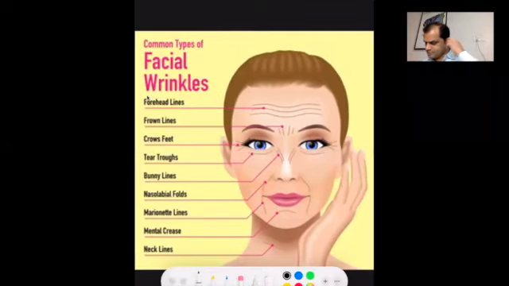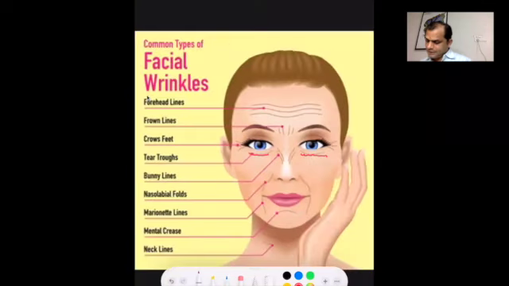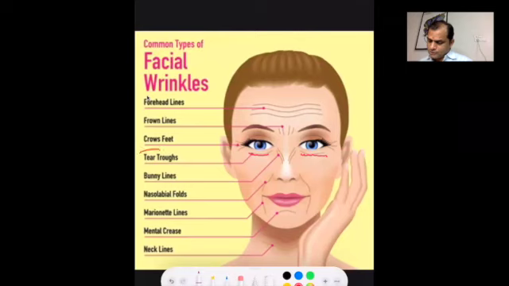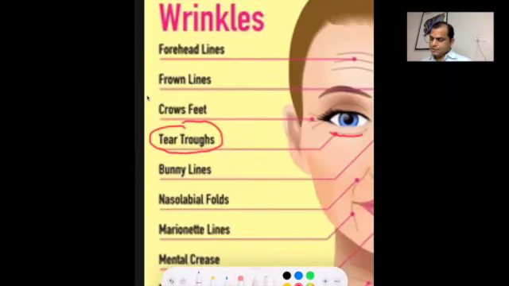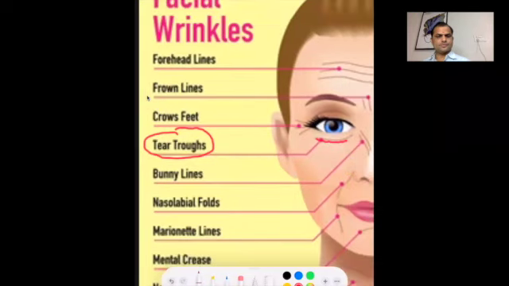We can see the lines below the eyes. It is written here, the tear trough.